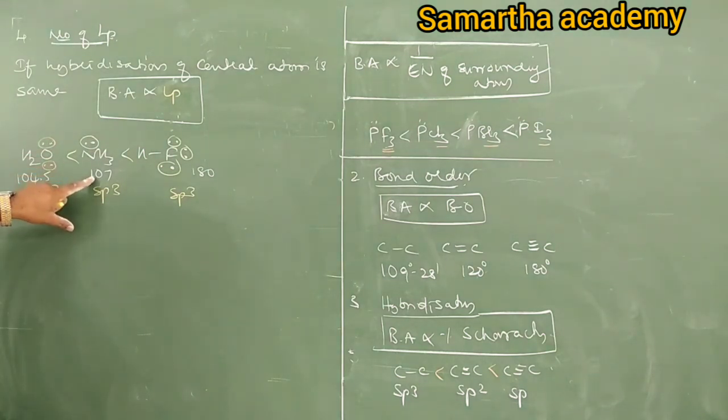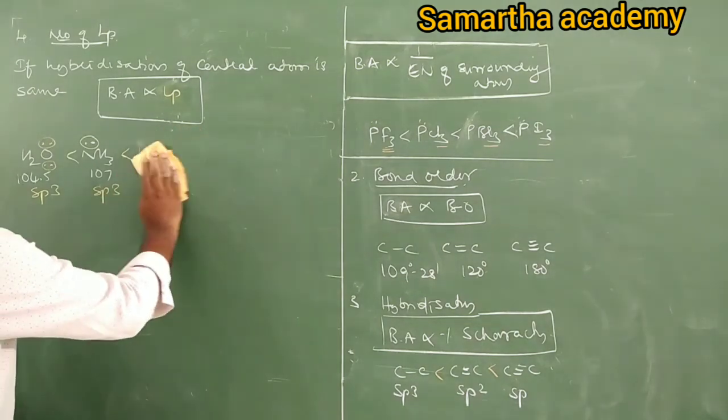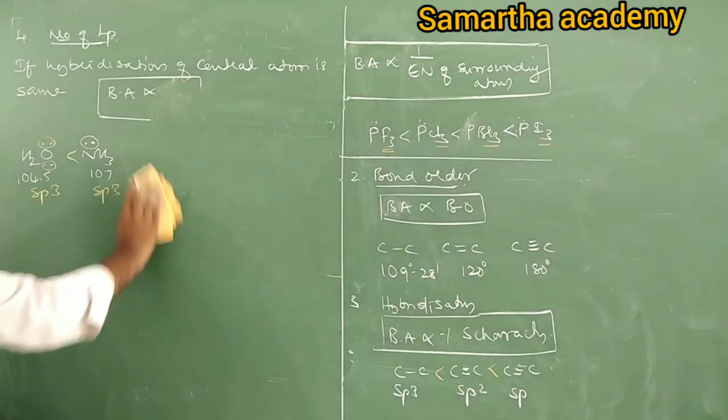One lone pair, 107 is more, no? Okay, you are telling about lone pairs: 2 lone pairs, then 3 lone pairs. Something is different. Hybridization is the same, no? You leave this; just compare these two.